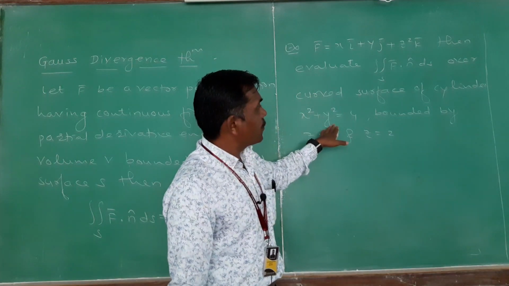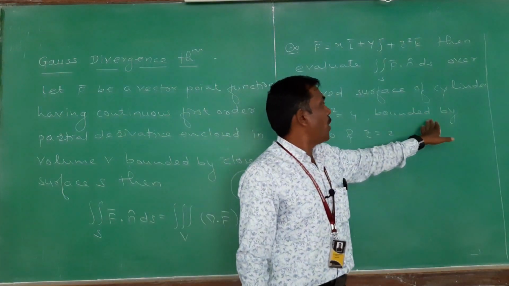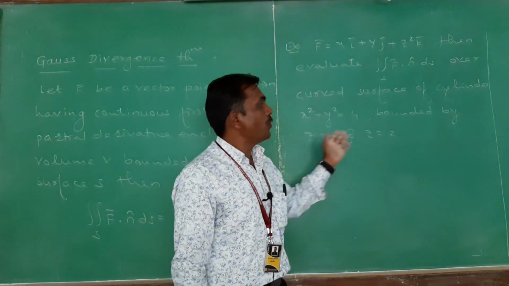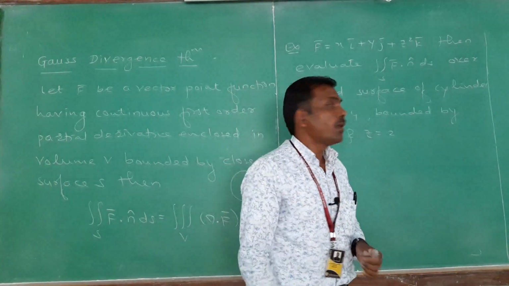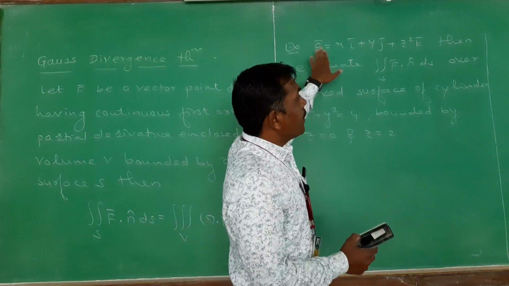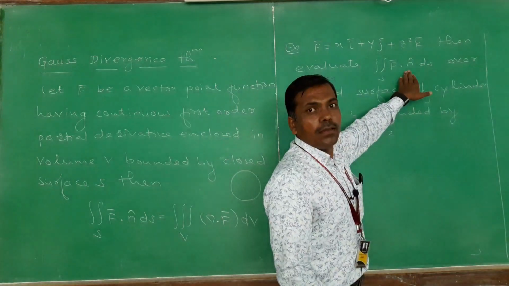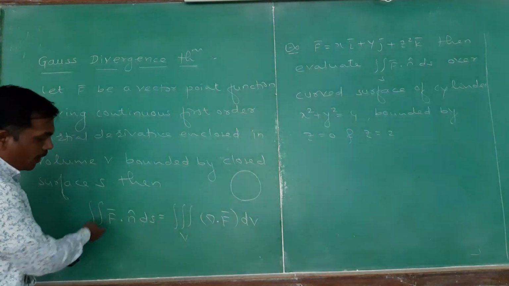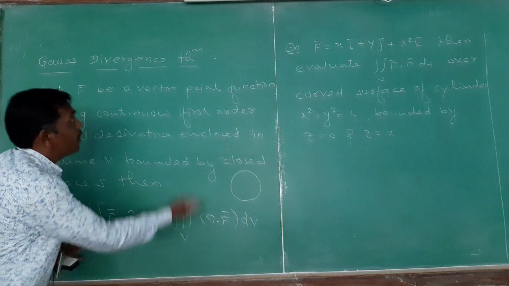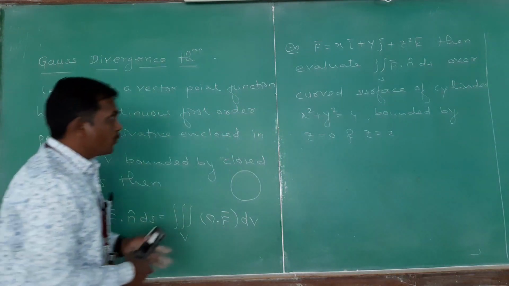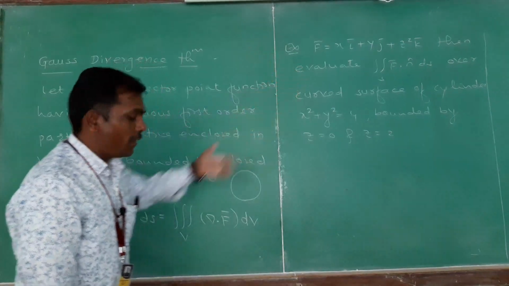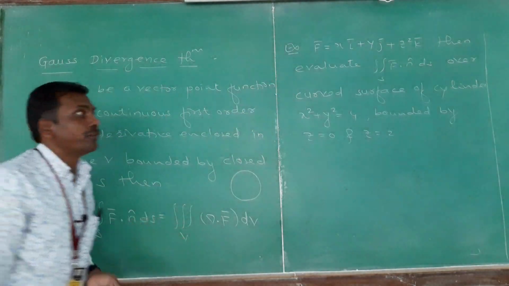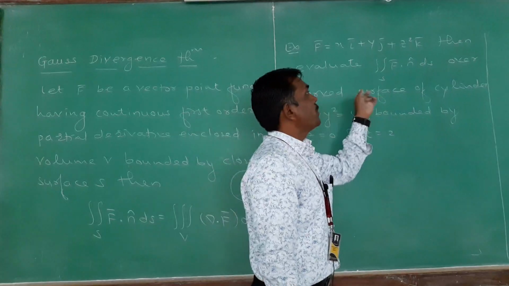X square plus y square is equal to 4, bounded by z equal to 0 and z equal to 2. Here f bar is given, we have to evaluate the double integral. We can solve the double integral using triple integral by divergence theorem.